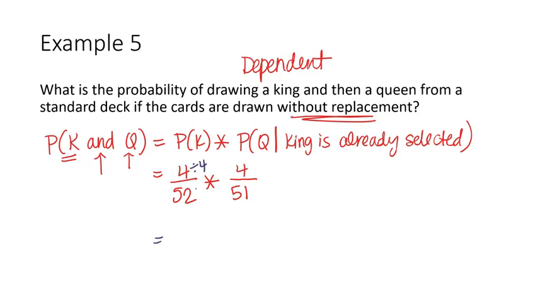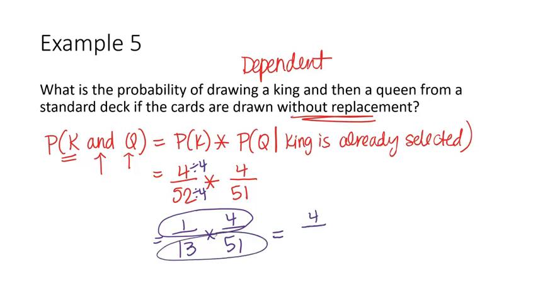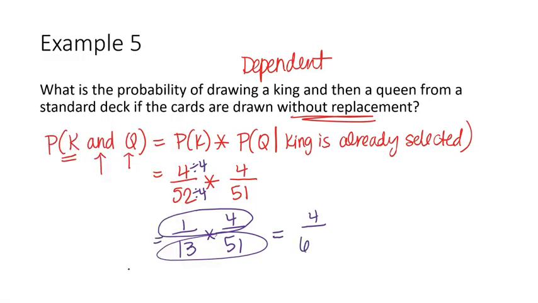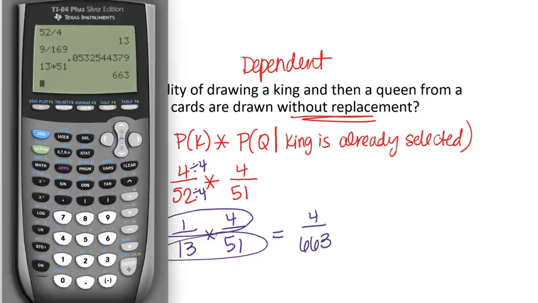Let's go ahead and reduce this one by 4. 4 divided by 4 is 1. 52 divided by 4 is 13. I don't know that those can reduce, right? They're not both even. So let's just leave it and multiply. 1 times 4 is 4. 13 times 51 is 663.